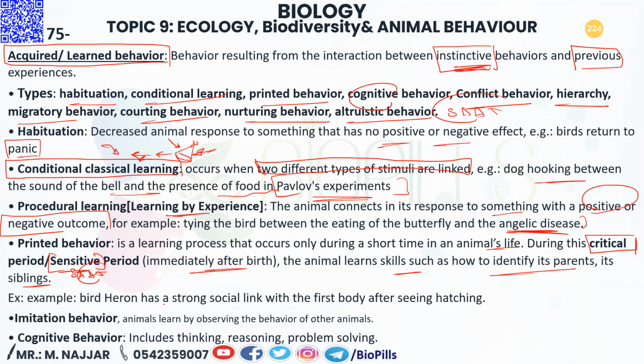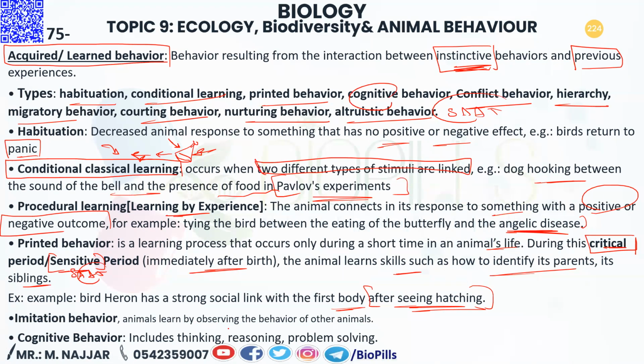A bird has a very strong social link with the first body it sees after hatching. Even if it is a man, it will consider this man its mother, for example. It links to him because this happened during the critical period. It is imprinted behavior.